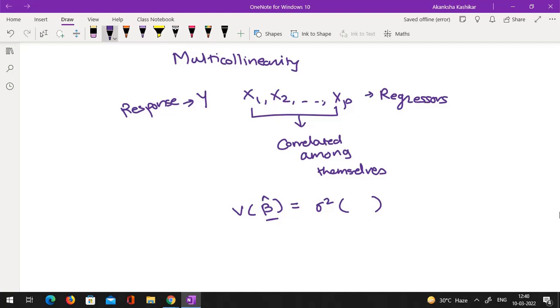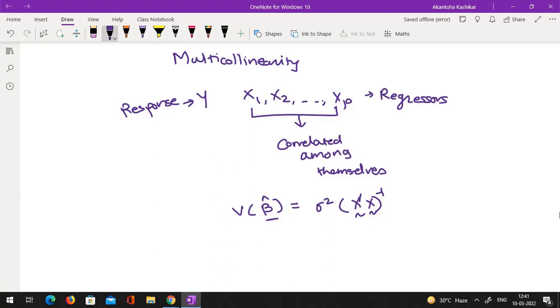Sigma square into X transpose X inverse. Correct. X prime X inverse, where X is what we call the design matrix or regressor matrix.